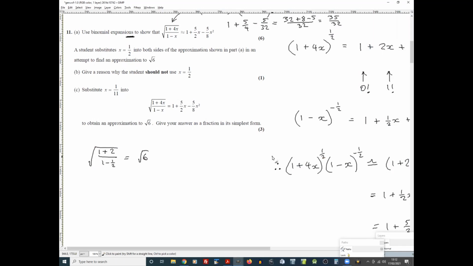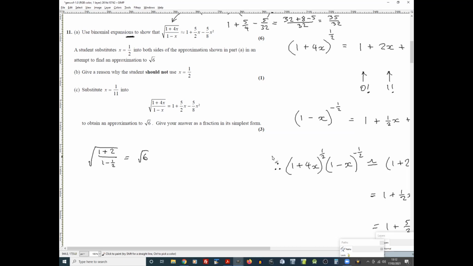So the reason why the student should not use x equals a half is because 4x is greater than 1. Yeah, they should only use like a quarter. So x equals a quarter might be fine.